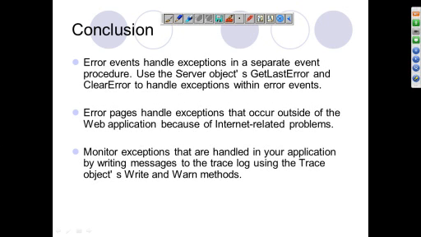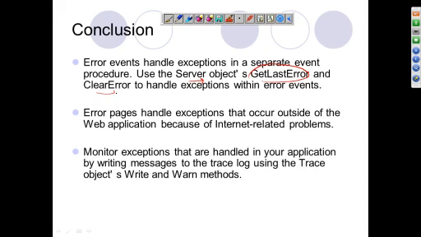Error events can also handle exceptions at object level. It can be Page_Error, which will handle exceptions at the page object level, or Application_Error, which will handle exceptions at the application level. To get hold of the exception in error events, we can use the GetLastError method of the Server object. It will fetch the exception object which last occurred on the server.